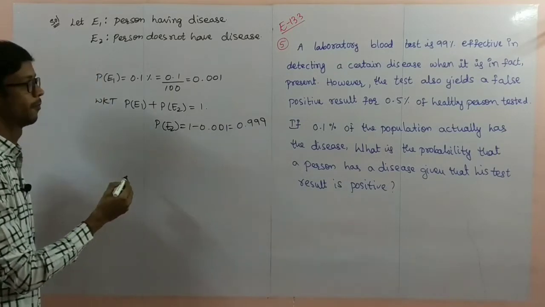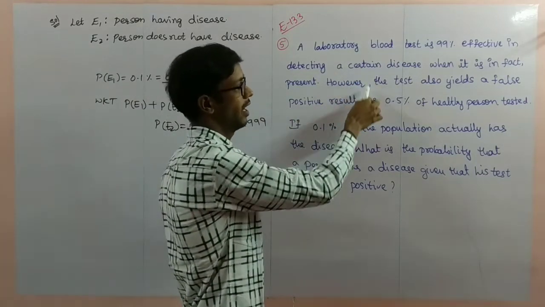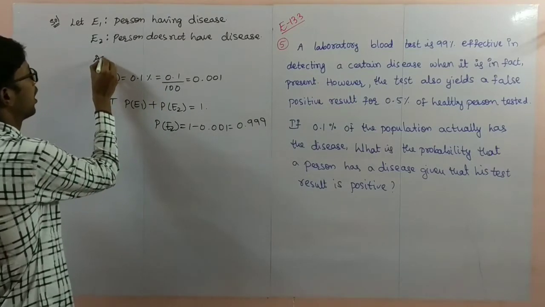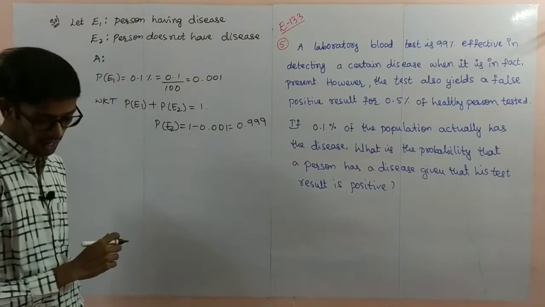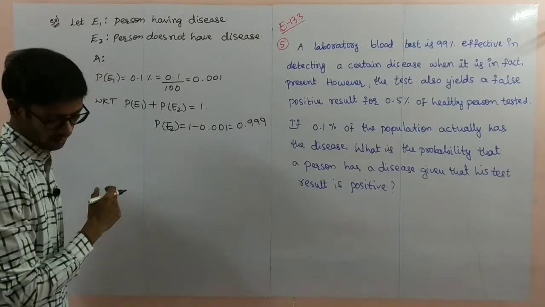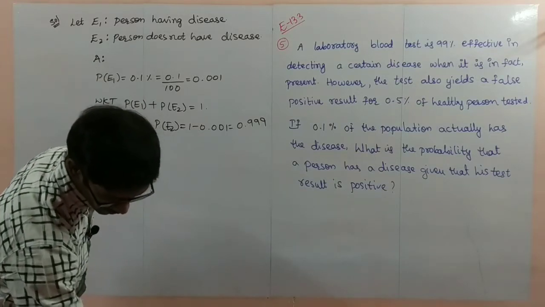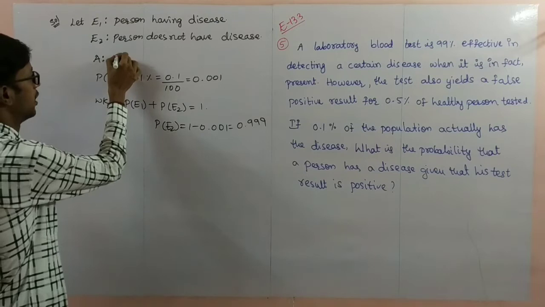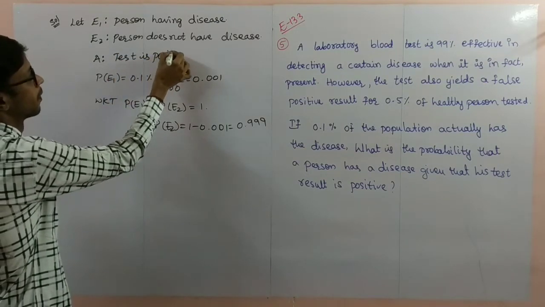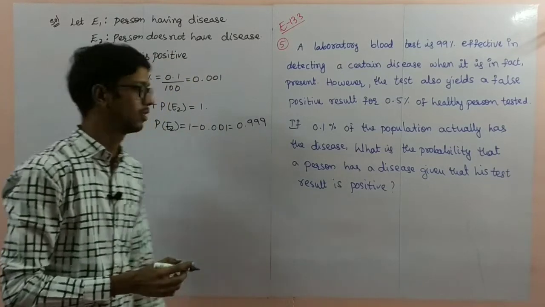0.999. Next, another thing here: they are showing correct and false, positive or negative. So what other event do we have to take here? Another event is that the test is positive.